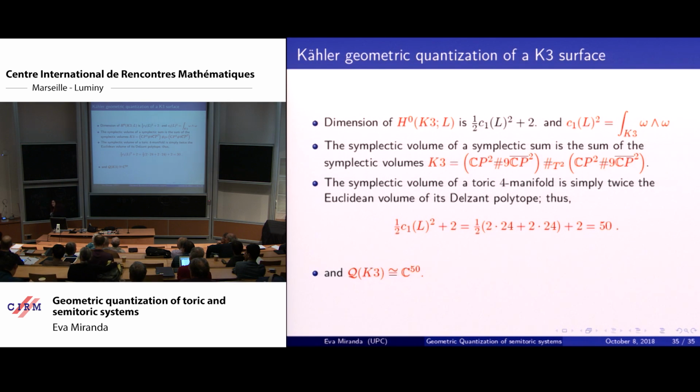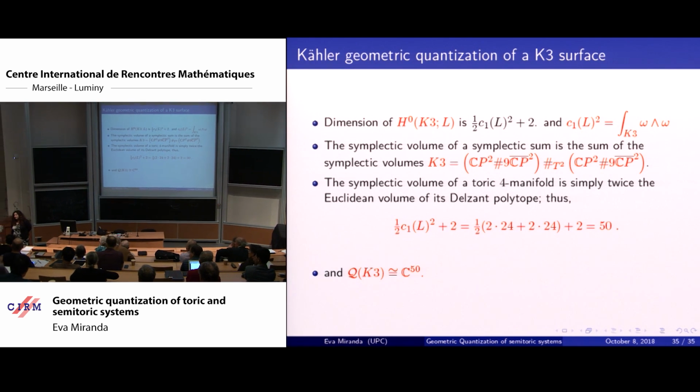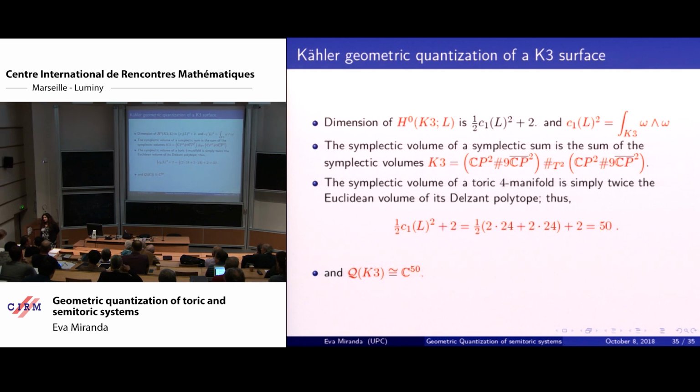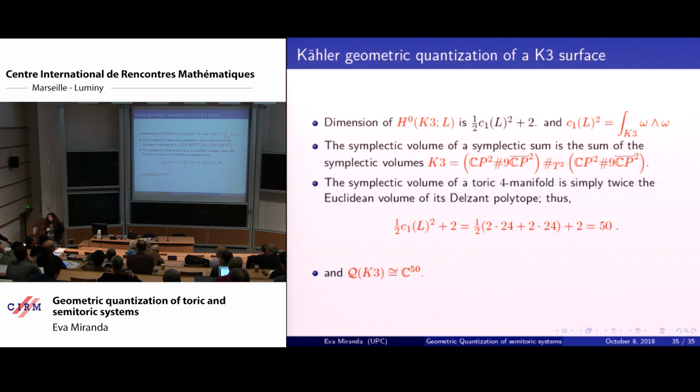Hi, Eva. Hi. So first, you mentioned several times that when you do metaplectic correction, you get the same answer. And again, exactly what you mean by metaplectic correction might be subject to a different private discussion. But I just want to mention the recent paper of Jennifer Vaughan.